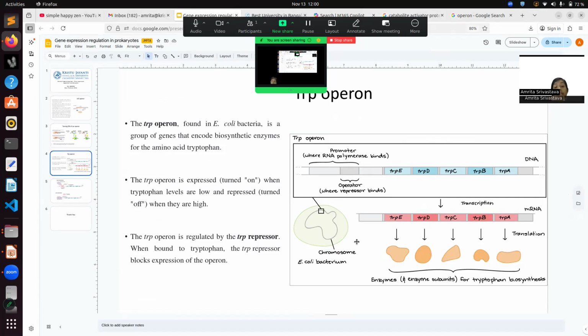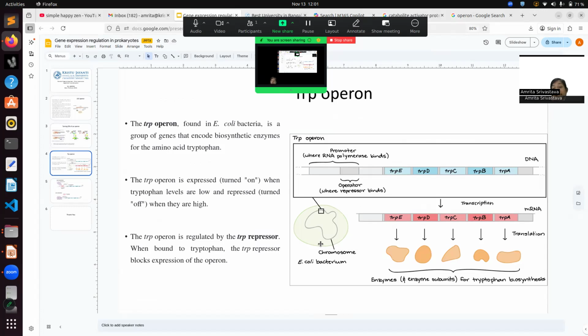However, when tryptophan is not there in the environment and there is a need for biosynthesis, the repressor is inactivated. In the previous case, lactose in the form of allolactose was binding to the repressor and inactivating it, so it did not bind the operator. Whereas in this case, when tryptophan is present in quite a large amount, tryptophan binds to the repressor and actually activates the repressor, and it binds to the operator.